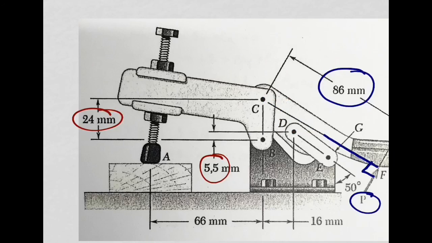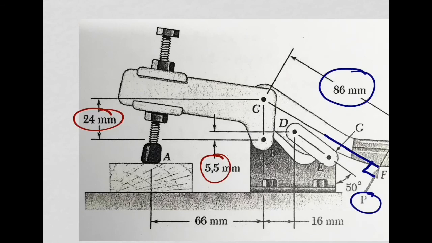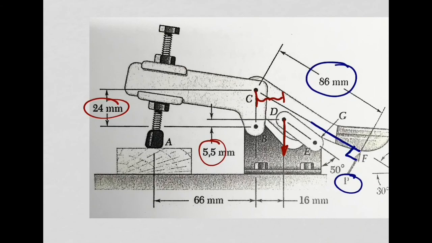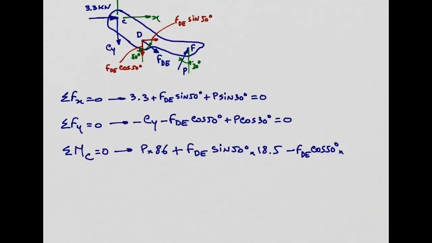So I have now this vertical component here. I need this distance, from here to here. This distance is 16. Very good. So times 16. This needs to be equal to 0.